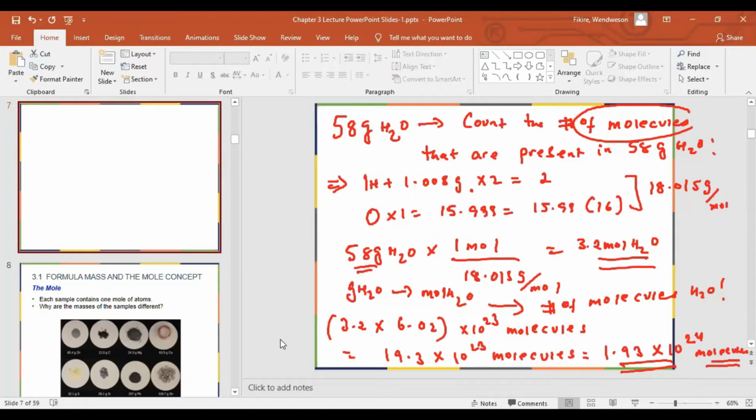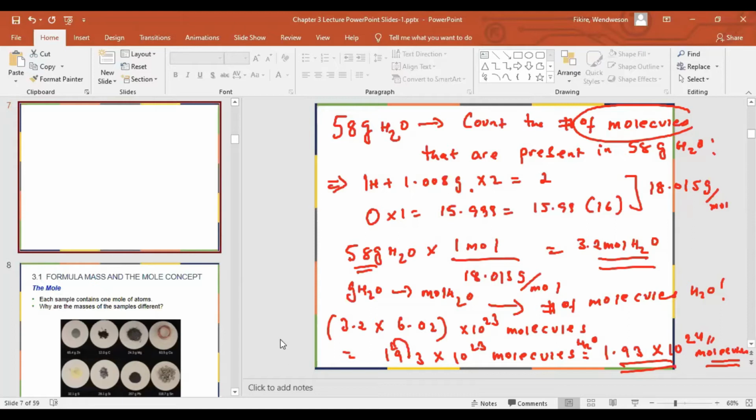So in 58 grams of water, we have 19.3 times 10 to the power of 23 molecules of water, or 1.93 times 10 to the power of 24 molecules of water. We can simply move the decimal point to the left. When you move the decimal point to the left, the exponent increases. That's how we determine this, because we do not see molecules with our eyes.